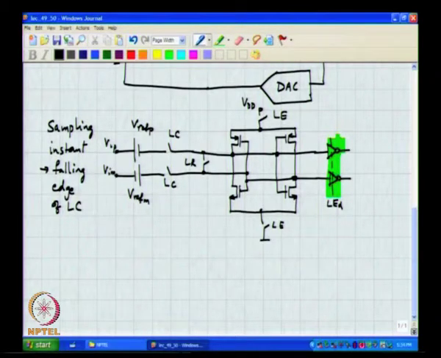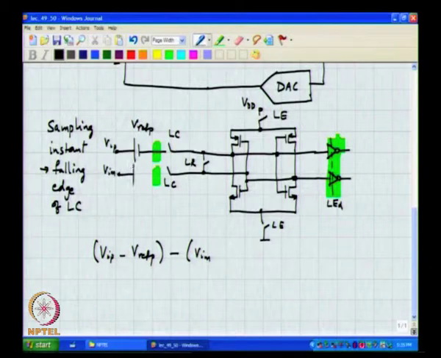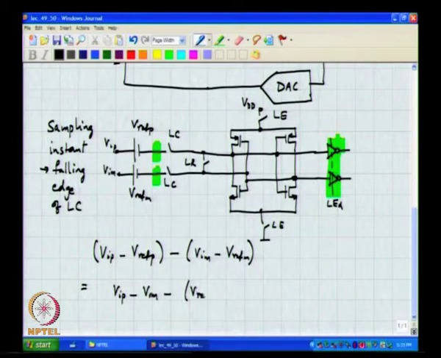This in principle would then detect whether VIP minus Vref P is greater or VIM minus Vref M is greater, and this is equivalent to comparing VIP minus VIM with Vref P minus Vref M.